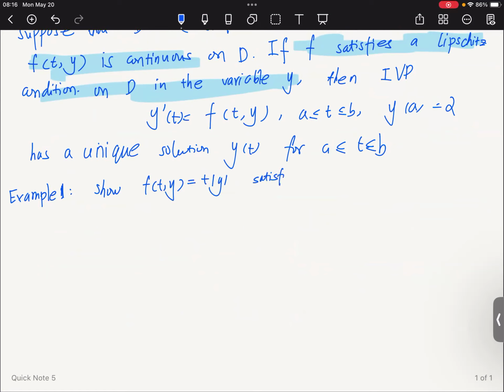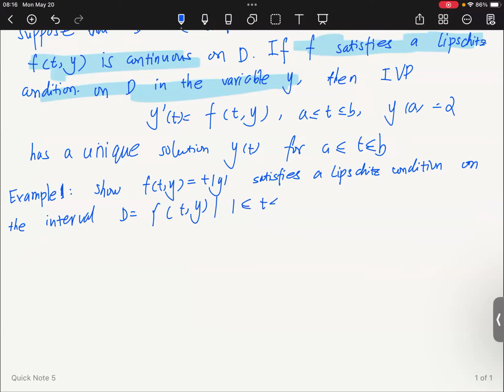satisfies the Lipschitz condition on the interval. We have the domain here, and that is the domain for t, and then this is the domain for y.